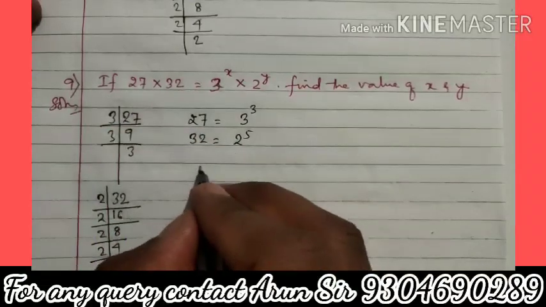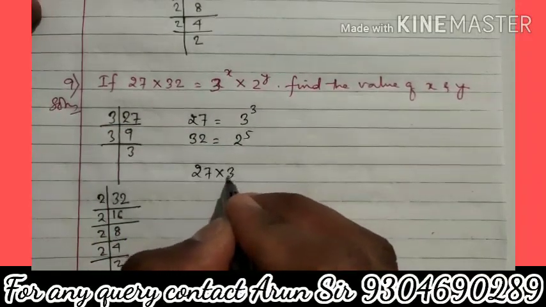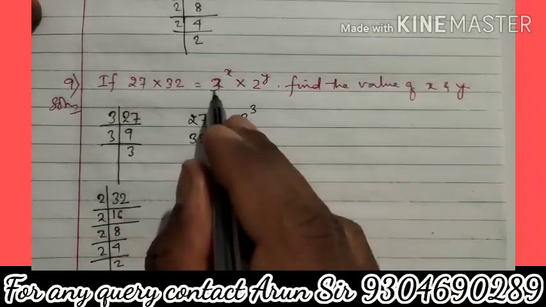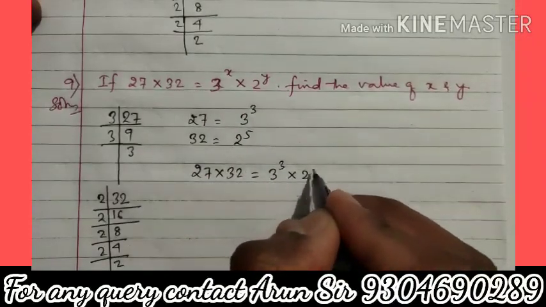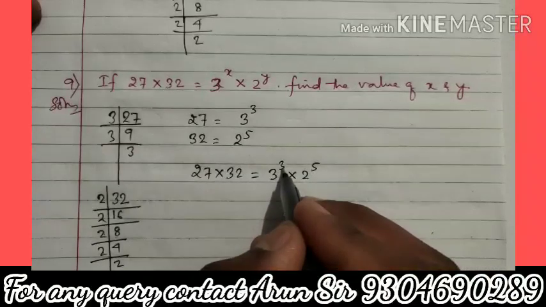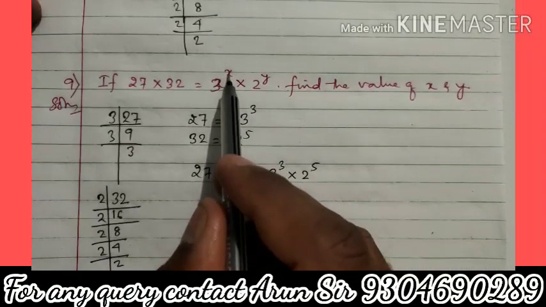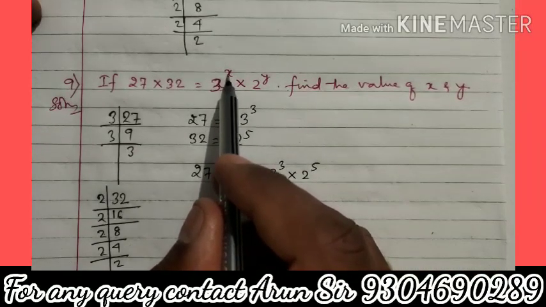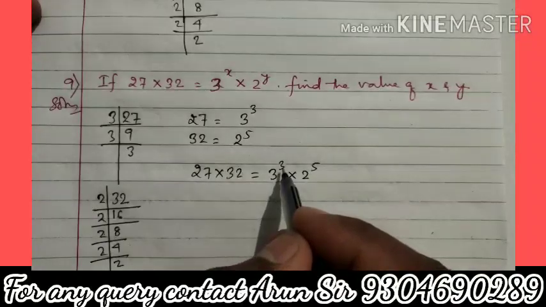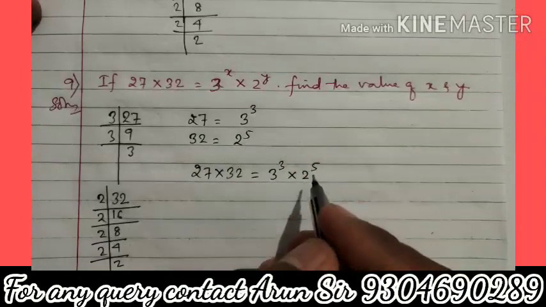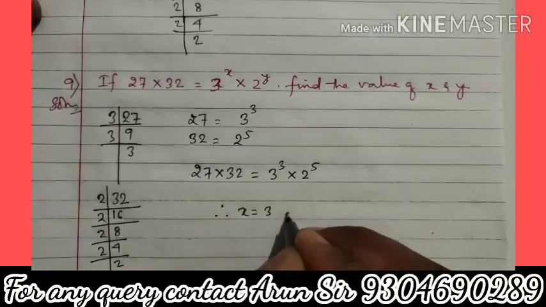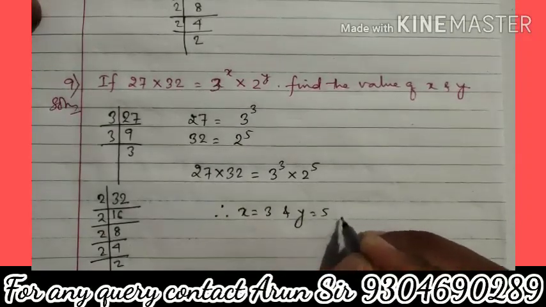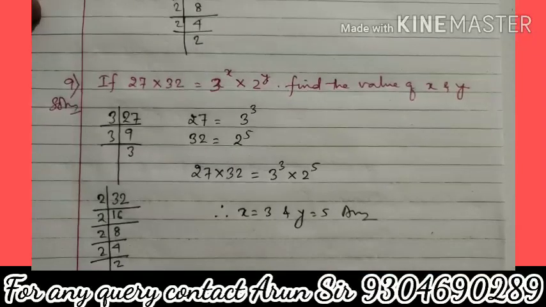And for the whole thing, that is 27 into 32, we can write 3 to the power 3 into 2 to the power 5. Now in the place of x we have written 3, and in the place of y we have written 5. Therefore x is equal to 3 and y is equal to 5 will be your answer.